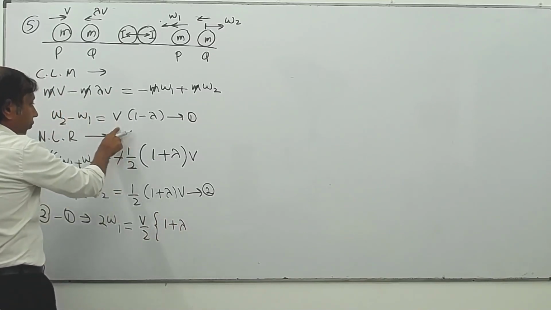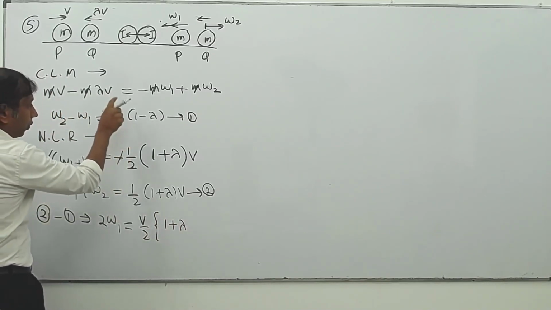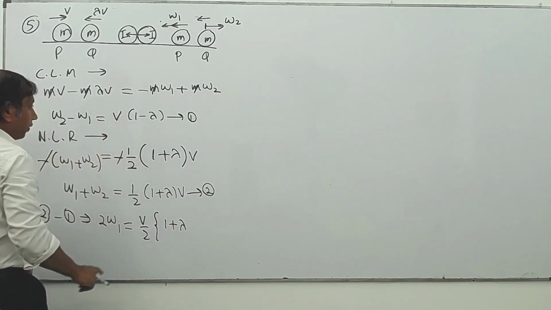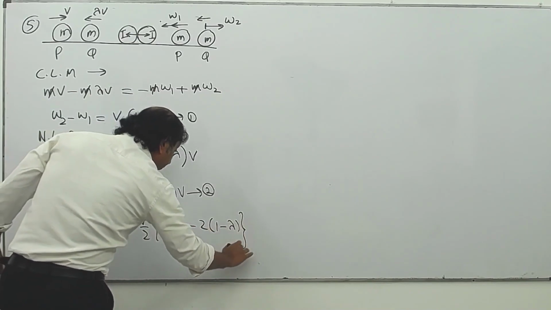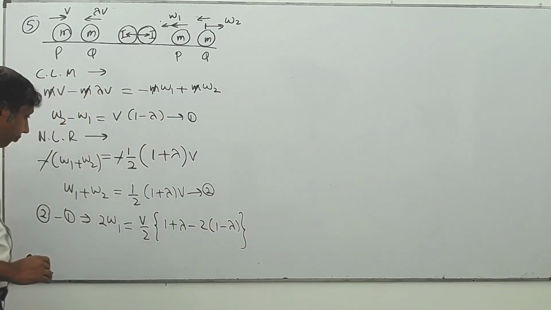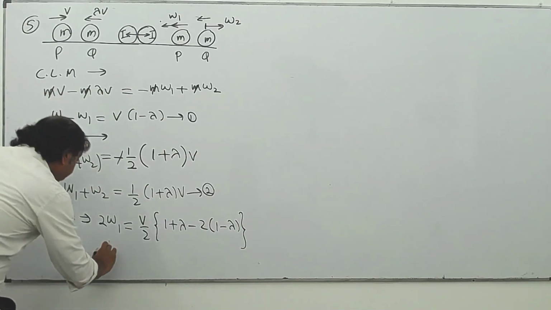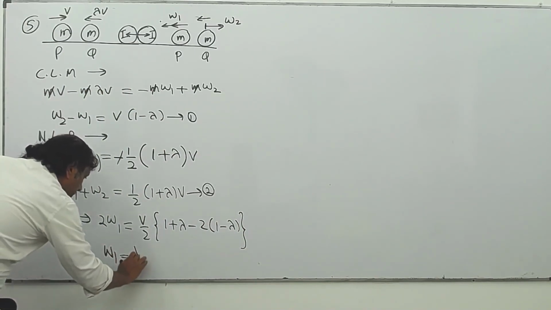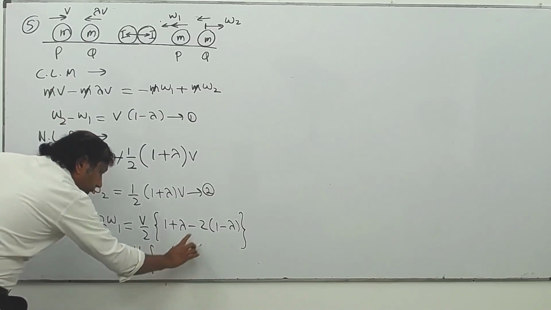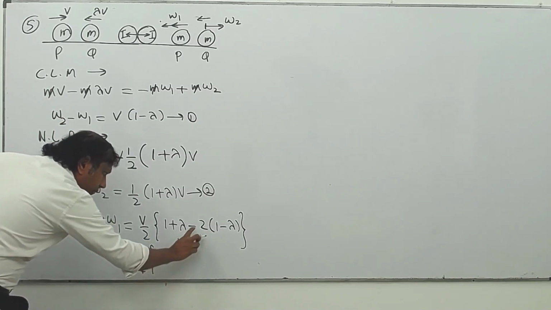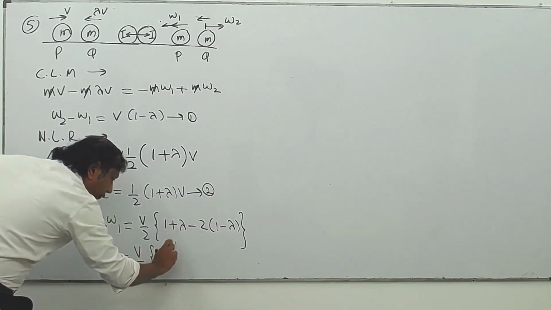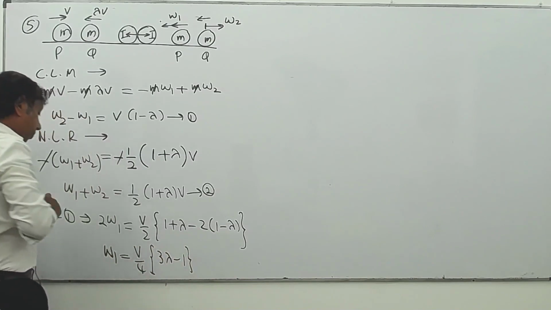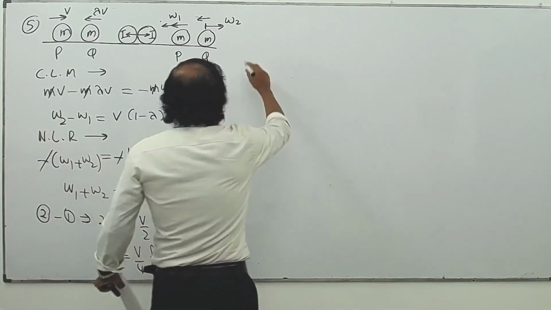Here when you take v by 2 out, we don't have 2, no? Put here 2, multiply this by 2, but minus sign we get minus 2 times 1 minus lambda. Correct, no? Then simplify this. W1 equals v by 4. Here we get 1 minus 2, 2 lambda, 3 lambda. Here minus 2 plus 1 minus 1, no? Then that is okay.